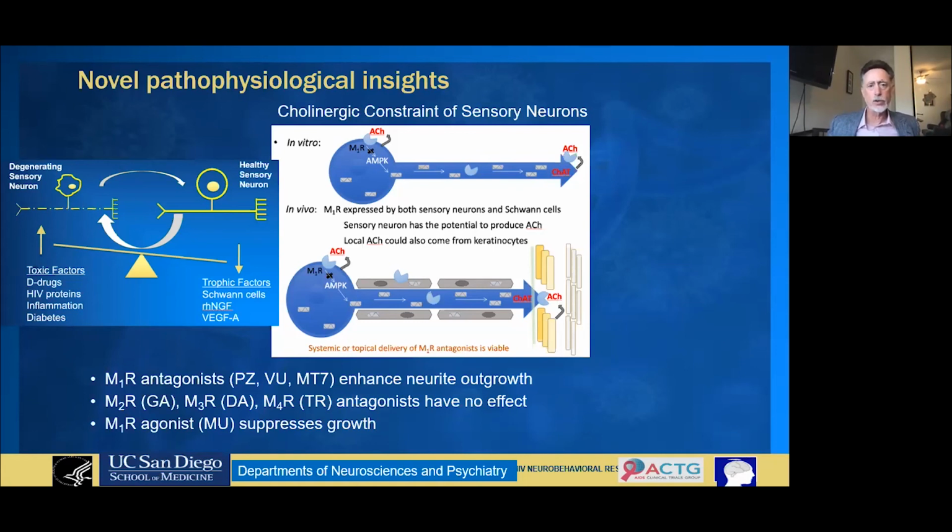So in other words, neurons are constitutively under a negative influence of muscarinic receptors on their neurite outgrowth. And by blocking those receptors, you can enhance neurite outgrowth.